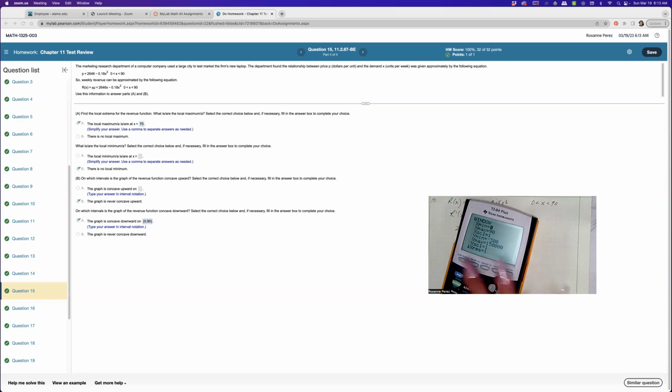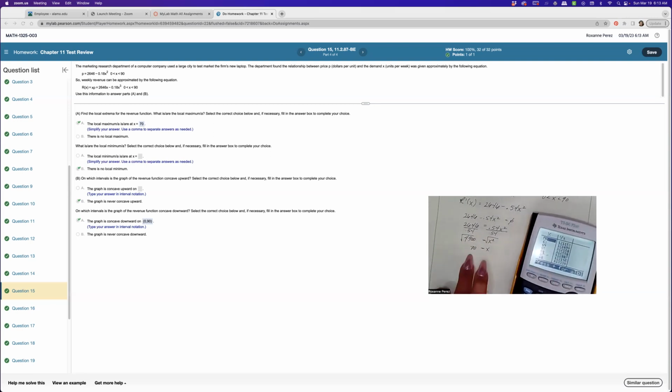So let's go second graph, go to our table, scroll to 70, and see what our value is there. So it's 123,000. So I'm just going to go back to my window and change my y max to 150,000. That's going to give me enough space to view the entire graph.